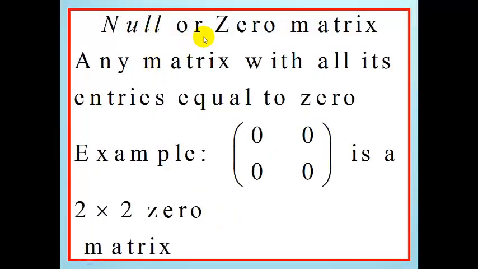We have the null or the 0 matrix. Any matrix with all its entries equal to 0 is what we call a 0 matrix. So for example, we have 0, 0, 0, 0. This is a 2 by 2 0 matrix because we have 2 rows and we have 2 columns.